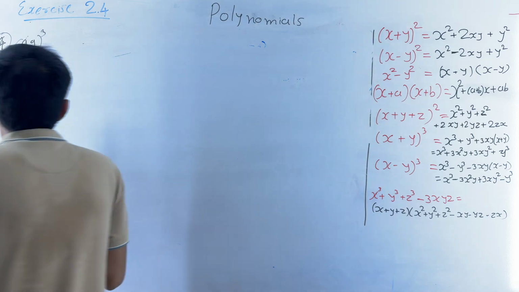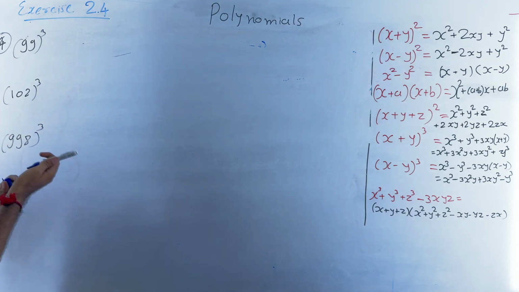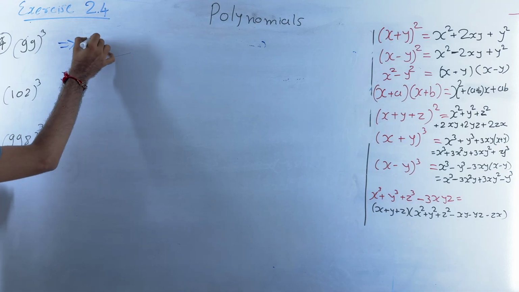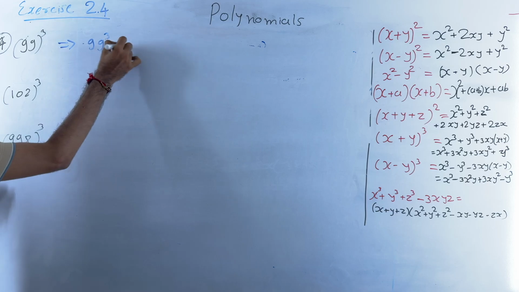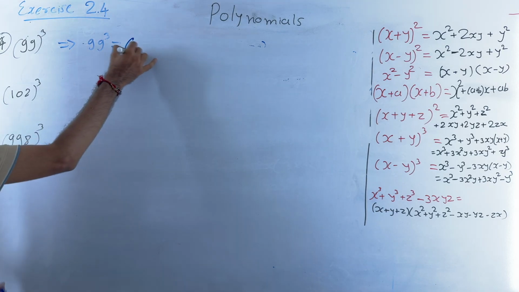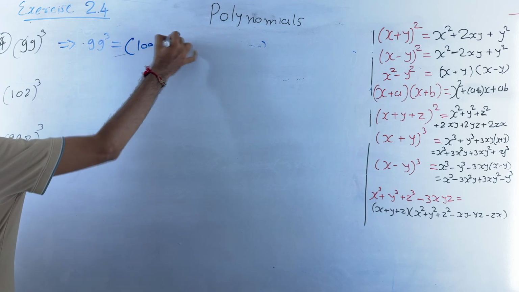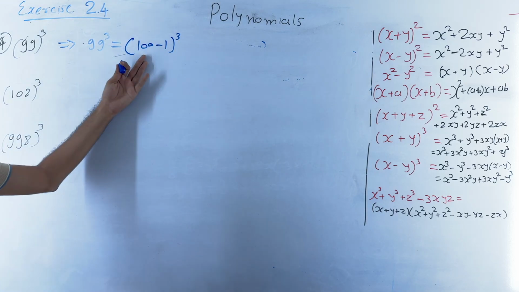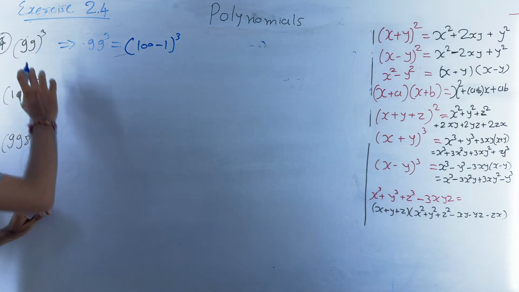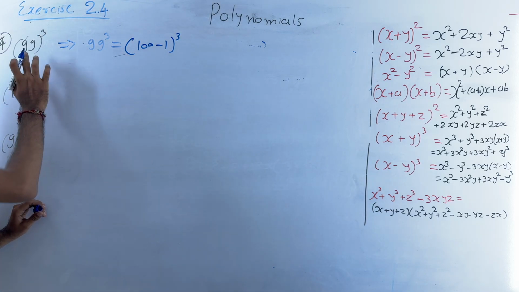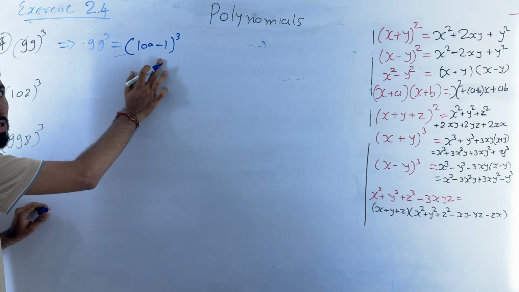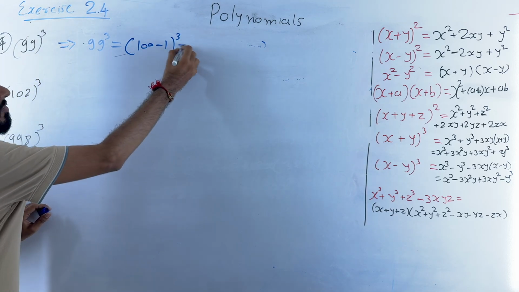Now to do it with identity, we all know how to do this type of question. 99 cube, I can write 99 cube is equal to 100 minus 1 cube, because when you use any 10, 100 or 1000, then the question will be very easy for you, right? Otherwise I can write 99 is 90 plus 9 also, but I will use 100 minus 1, so it will be very easy for us to give the answer.